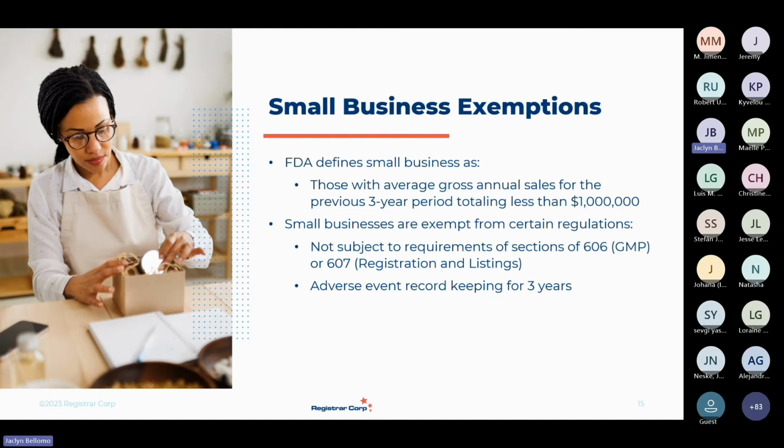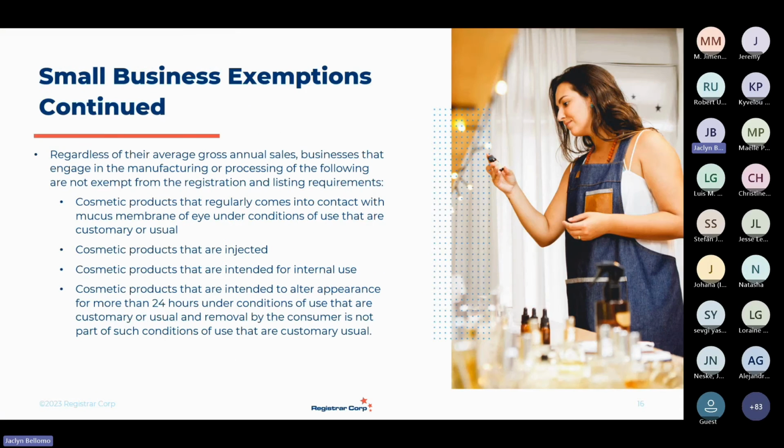FDA knows that there are many indie brands, many indie facilities growing in the United States, and they don't want to take away that advantage from them by creating GMPs that are too restrictive or that are a financial burden on the company. So it is very important to note that this was mentioned.